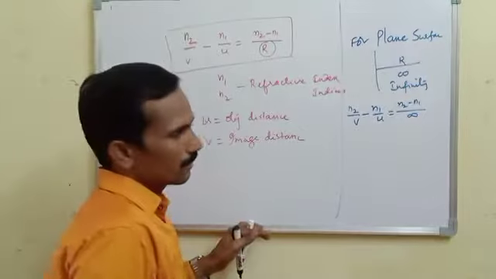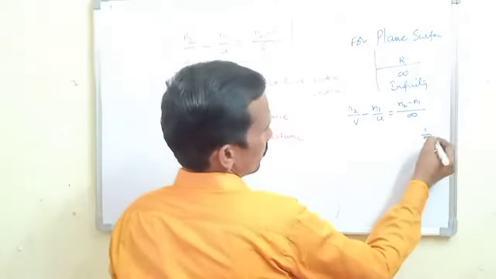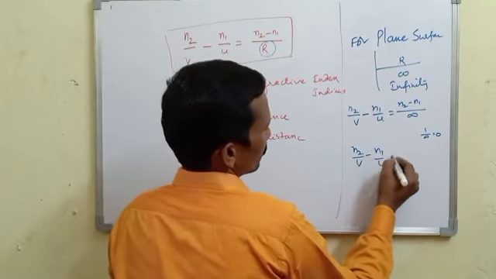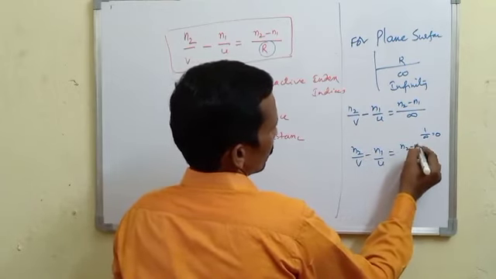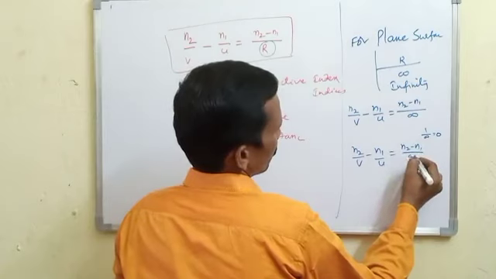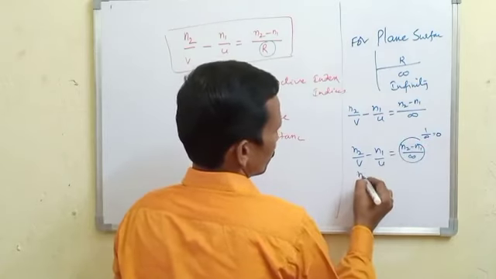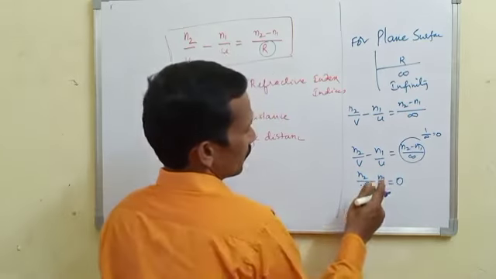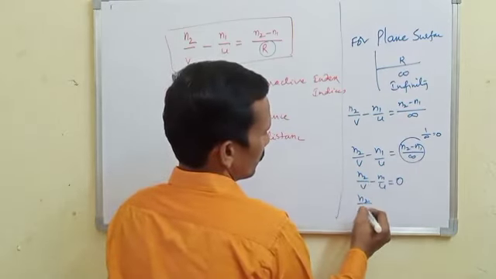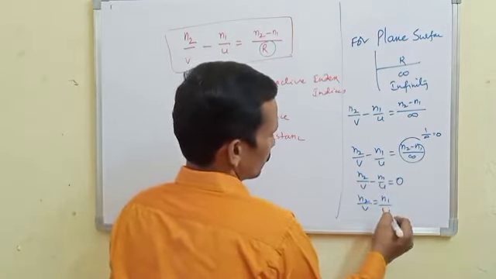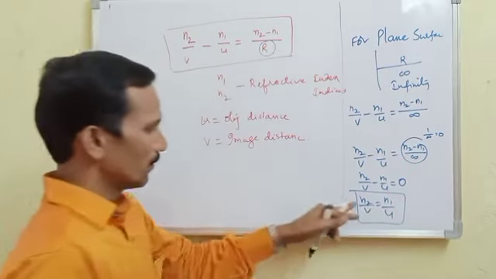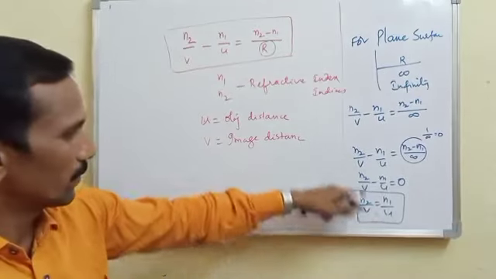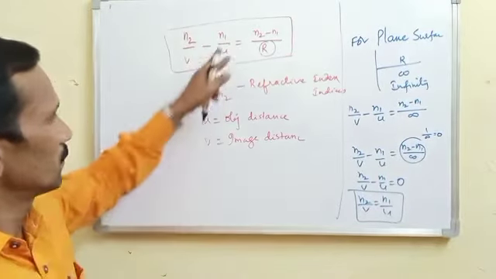This 1 by infinity becomes 0. So if we bring that to the other side, N2 by V is equal to N1 by U, the object distance. It is for plane surfaces. The earlier one is for curved surfaces.